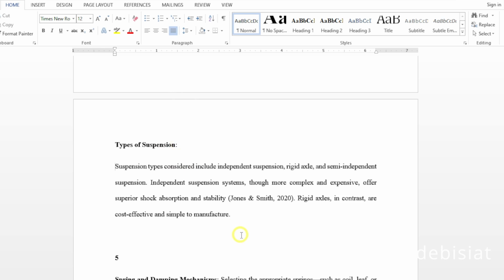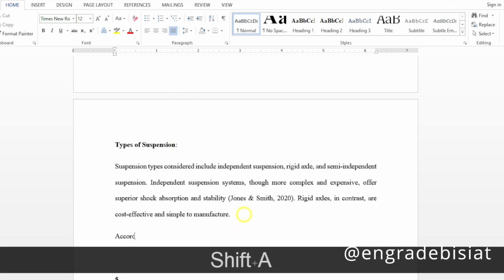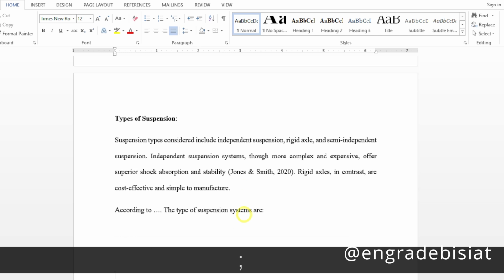Now here, you need to say, according to a person, the types of suspension systems are, then you list them.